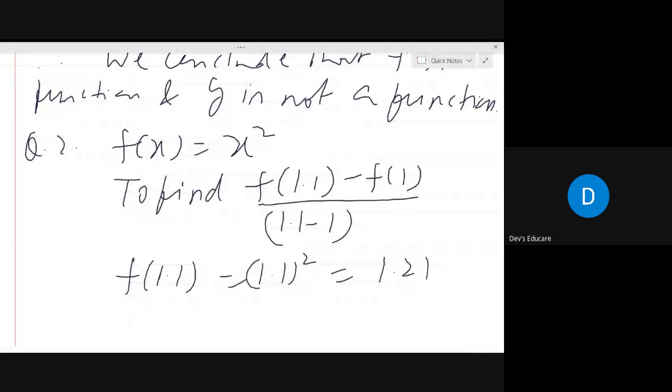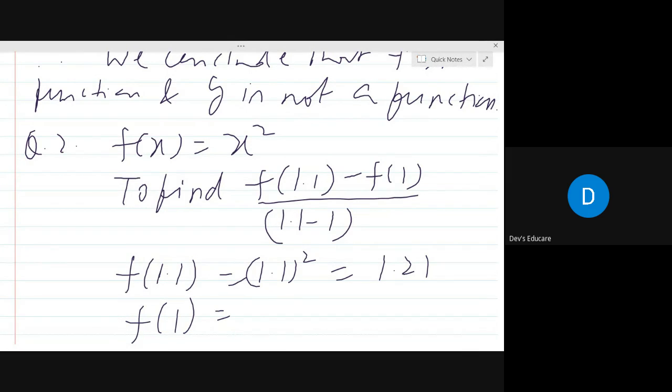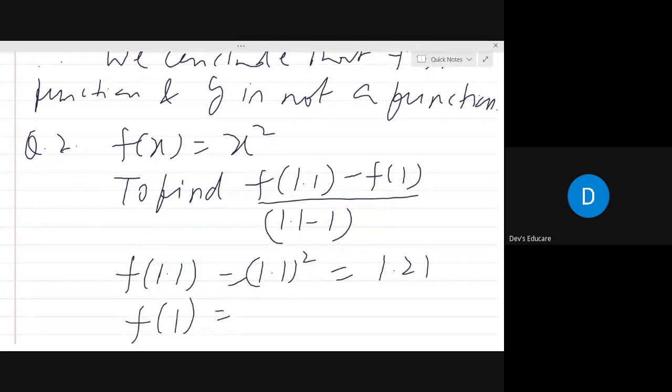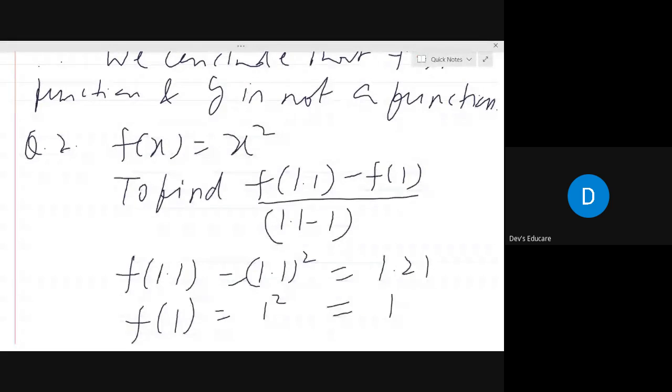And what will be f(1), Muskan? Can you tell me? Sir, f(1). Yeah, what will be the value of f(1)? Sir, 1. Yeah, 1 squared, which is 1. Correct.